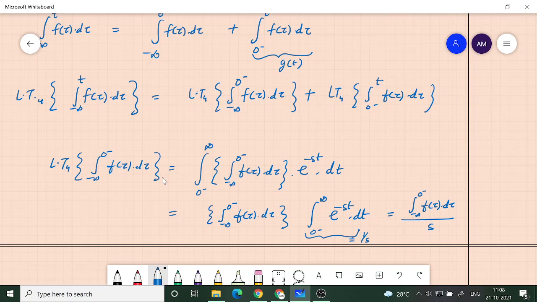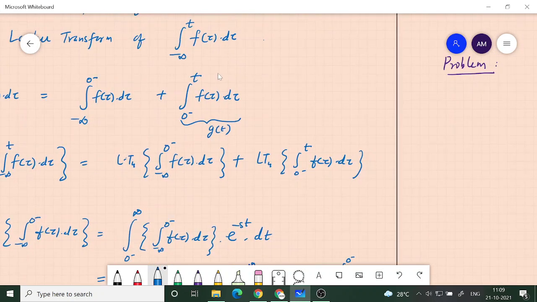The remaining part is u of t times e raised to minus st dt, which I know is 1 by s, because u of t is 1 for positive values of time. Whether u of t is there or not doesn't make any difference, and we solved this problem early on and got that result.